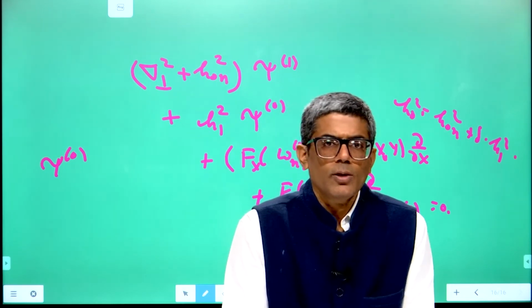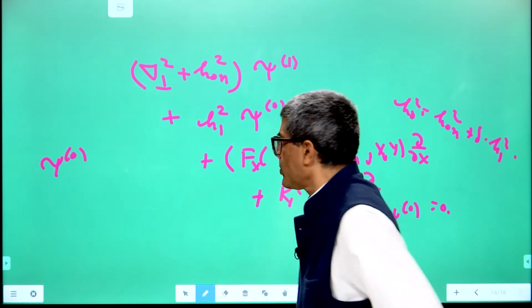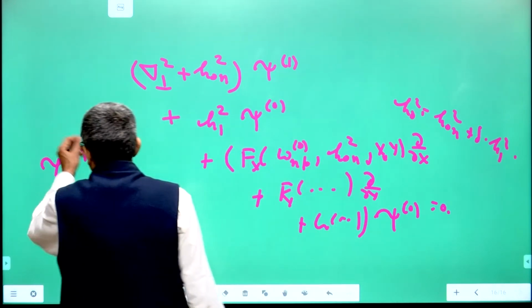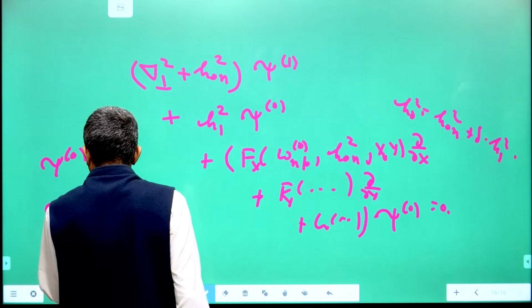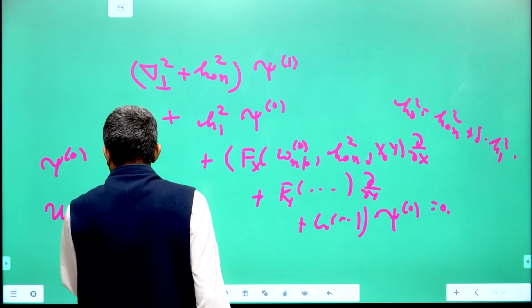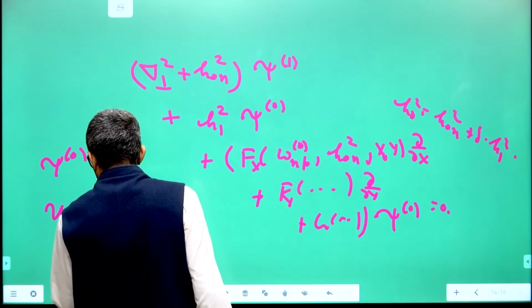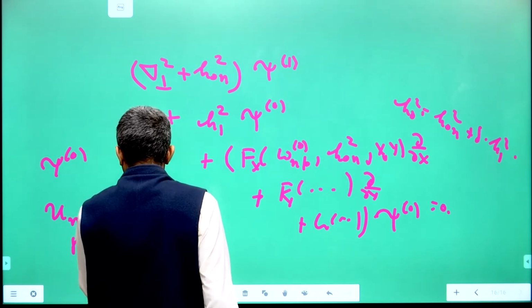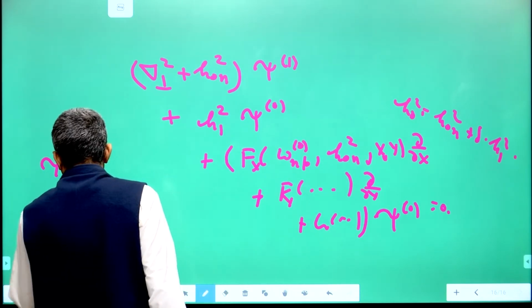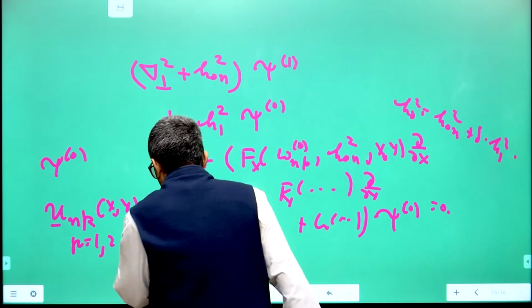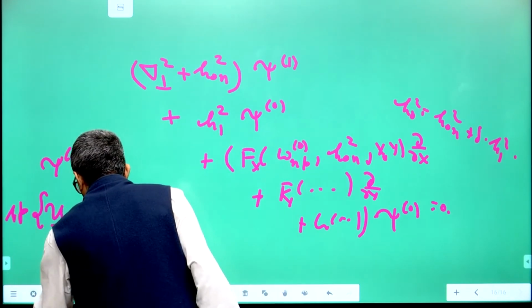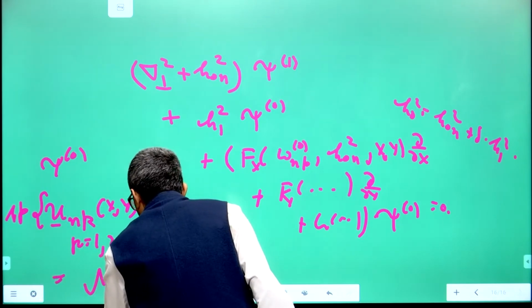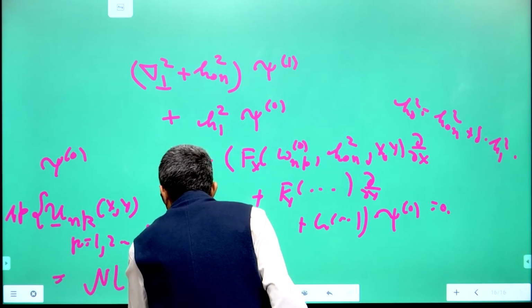So you can construct an orthonormal basis for such a space, and let the basis be given by unk of x, y, k equals 1, 2, etc. up to dn. The span of this is an orthonormal basis for the null space of del perpendicular square plus h0n square.